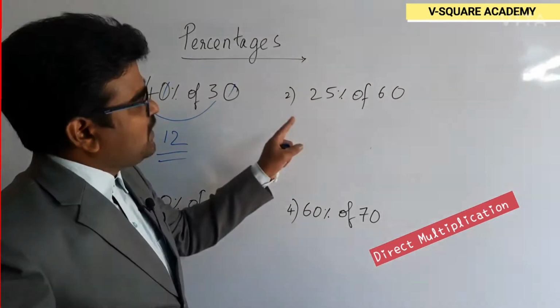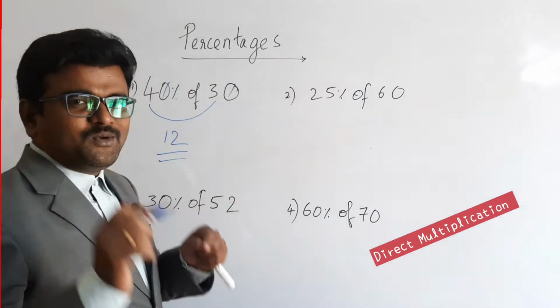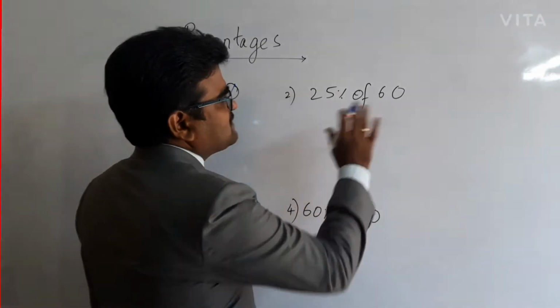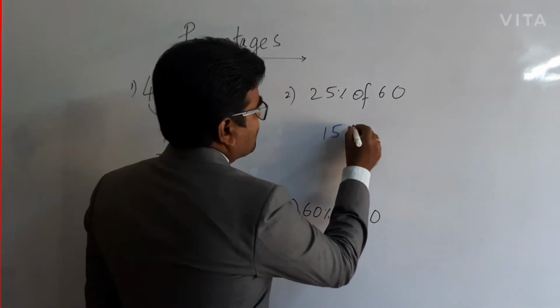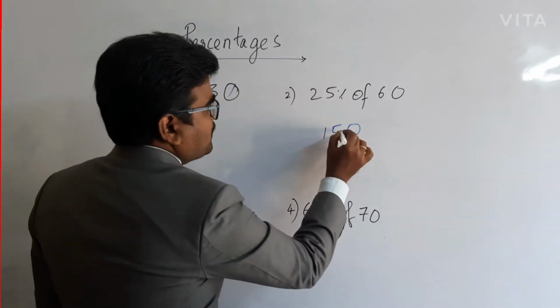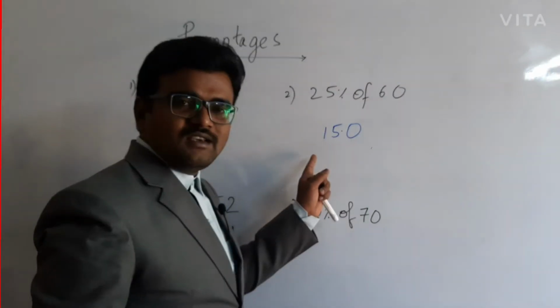Let's see 25% of 60. What do you have to do? Directly multiply 25 with 6. 25 sixes are 150, and since you have the 0 in 60, you put a decimal point here. So 25% of 60 is 15.